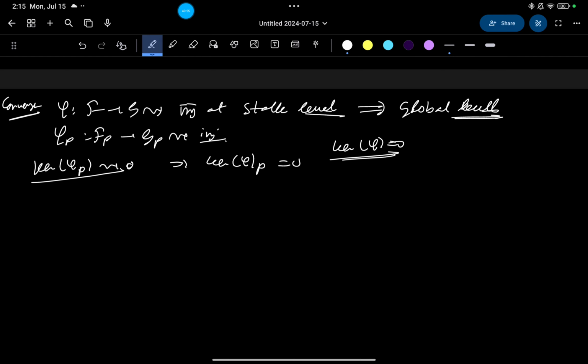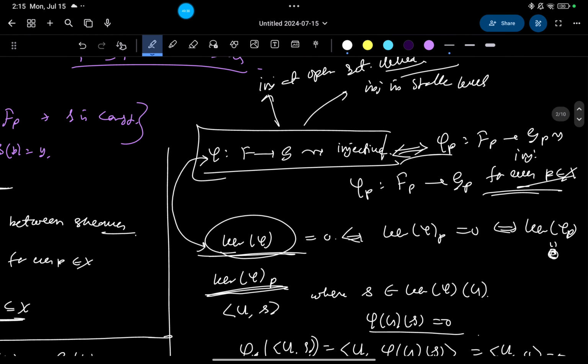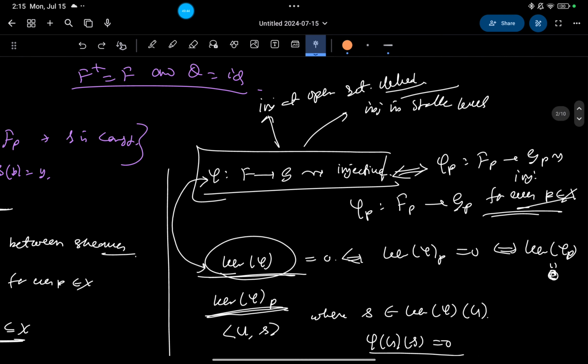It is clear from this that phi is injective if and only if phi p is injective. So injectivity at the stalk level holds if and only if it is injective as a whole.